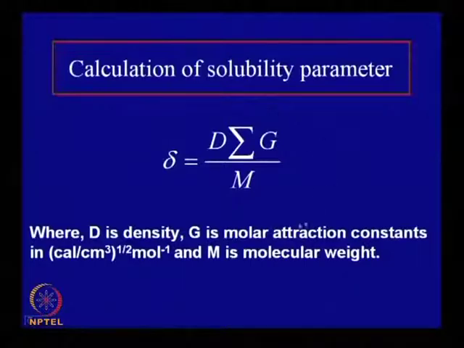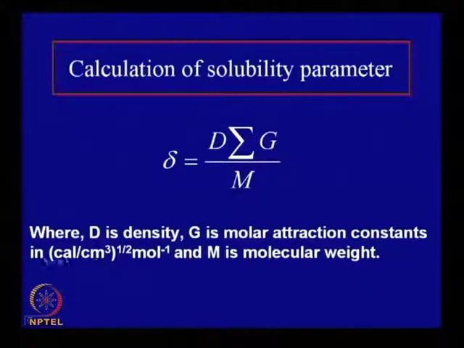As I was telling, solubility parameter can be calculated from this relation: delta is equal to d into the sum of molar attraction constants, and these molar attraction constants are used as a measure of the cohesive energy density.